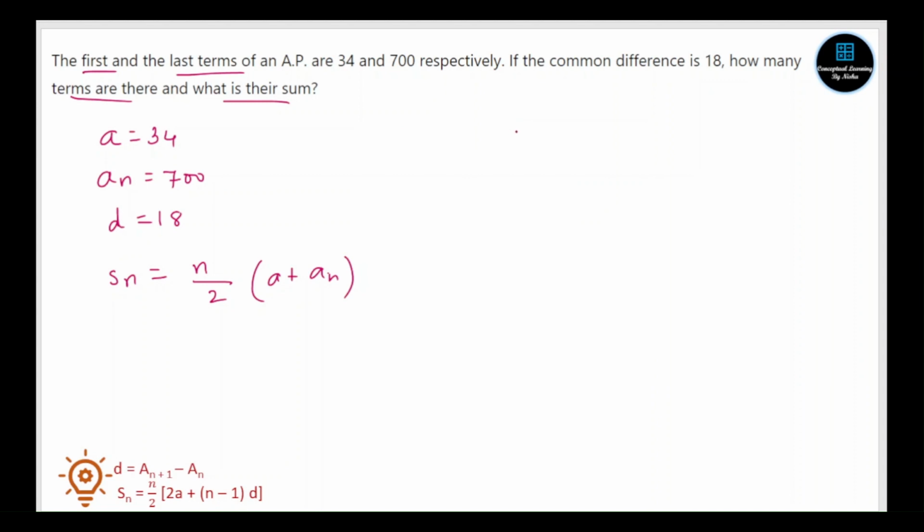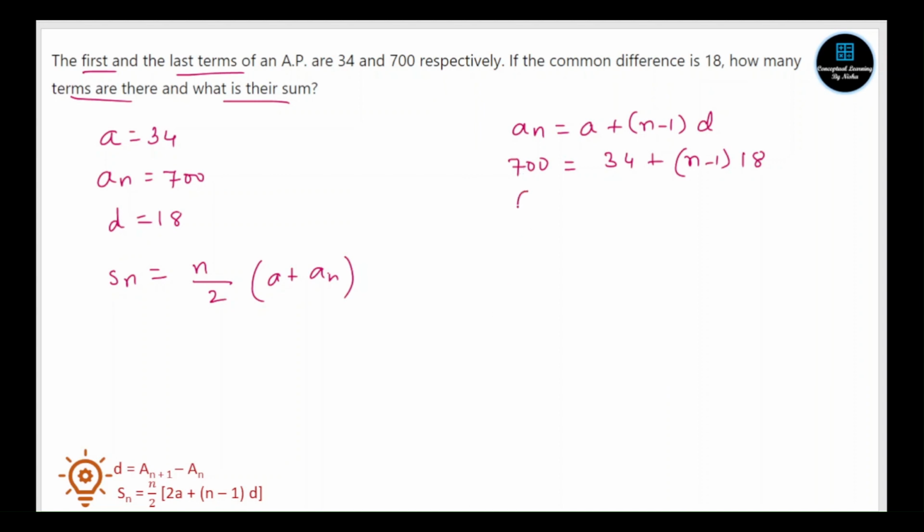Do you remember the nth term of the AP? It is given as an equals a plus (n minus 1) into d. We already learned this in part 1. So I have this nth term as 700, and I'll put this value: 700 equals 34 plus (n minus 1) times 18.